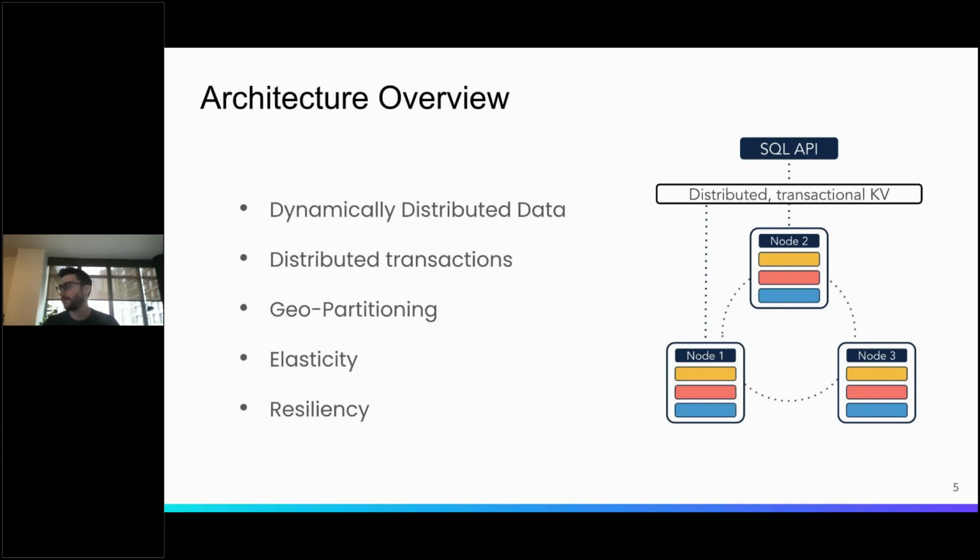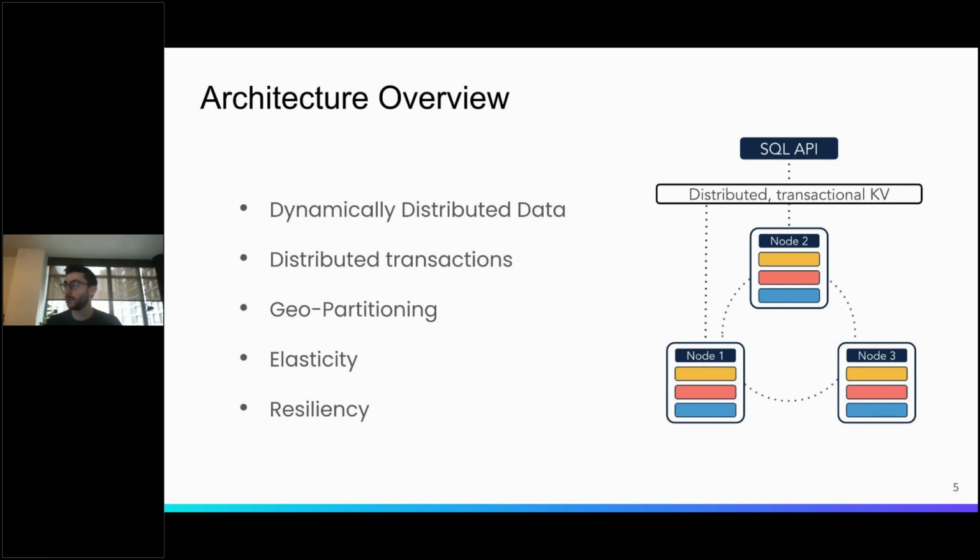In the parlance of the CAP theorem, Cockroach is a CP system, and so it's going to favor consistency over availability when that trade-off comes up. But in replicating and using quorum writes, it tries to provide availability whenever possible.